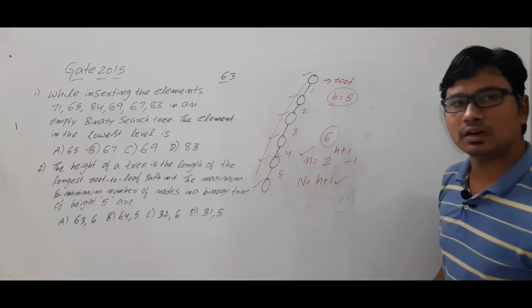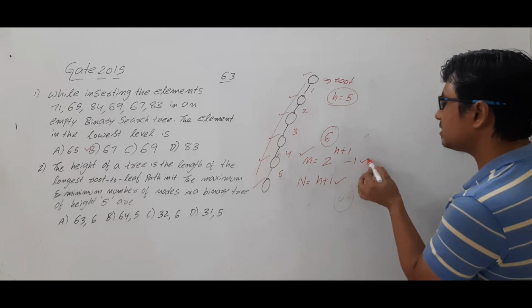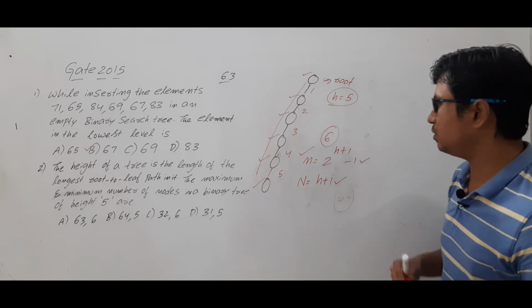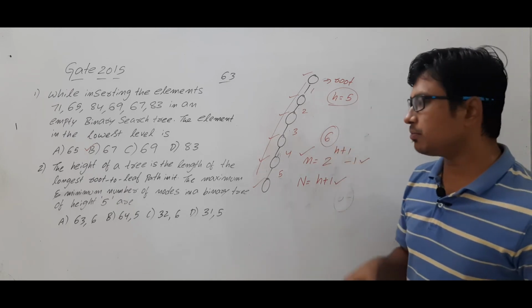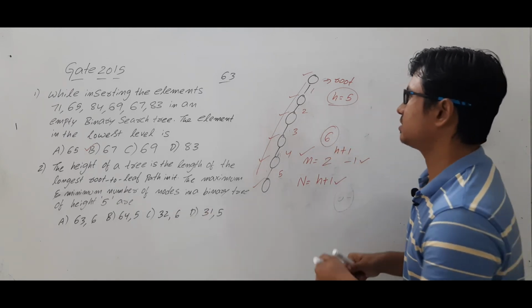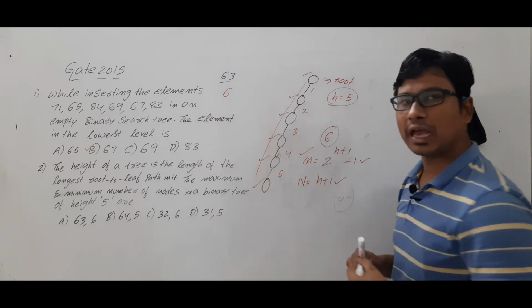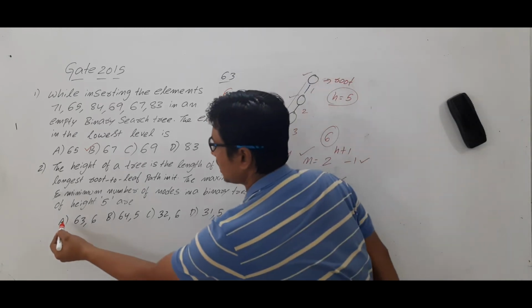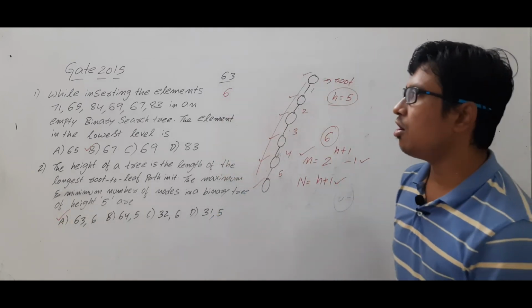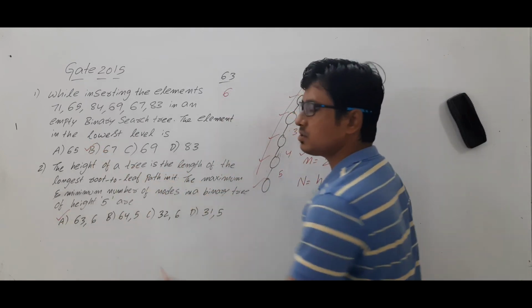So this is the minimum number of nodes and this is the maximum number of nodes. So for height h equal to 5, the minimum number of nodes possible is 6. Okay, so we got the maximum number of nodes as 63 and the minimum number of nodes as 6. So the right answer for this question is option A, and for this one is option B.